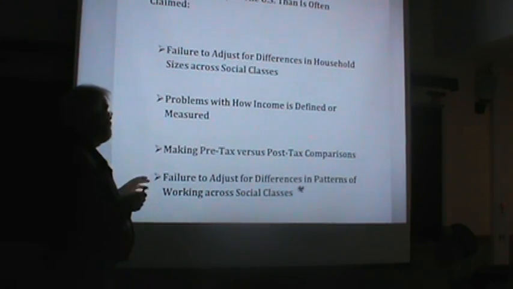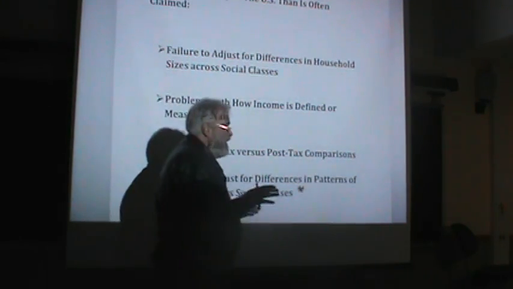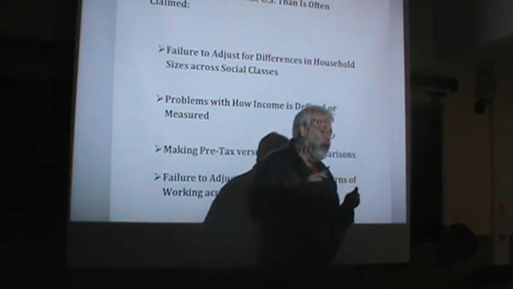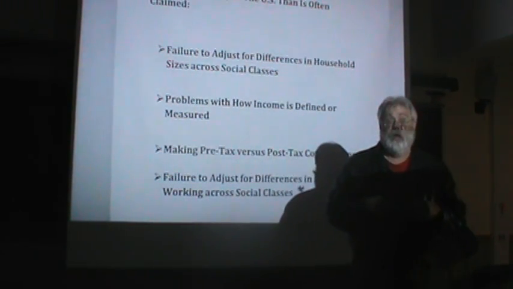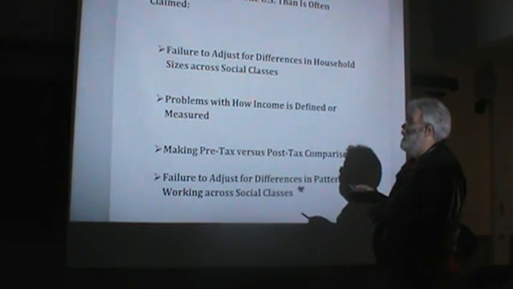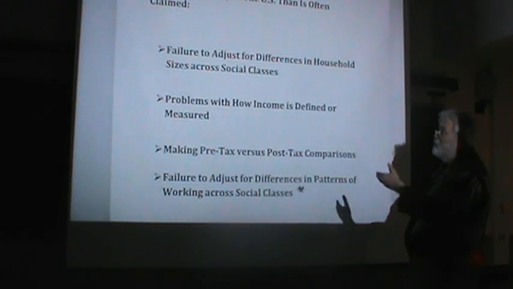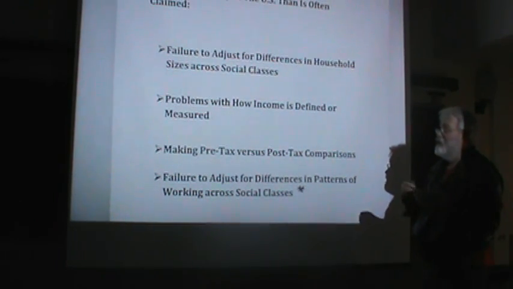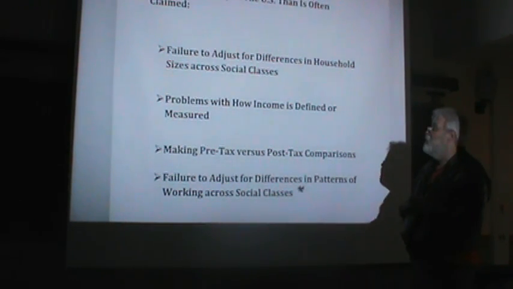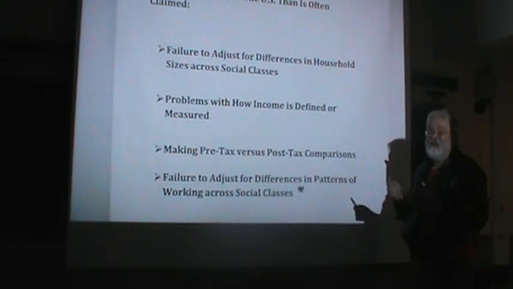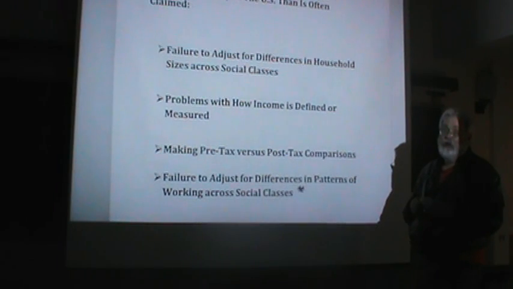Problems with how income is defined or measured. Wow. That would take literally an entire lecture series to talk about, but let's just keep it real simple. How we measure income is really tricky. And frankly, a lot of standard statistics that are used in these income inequalities, graphs that we've looked at, calculations we've looked at, a lot of them, frankly, leave out a lot of very real income.